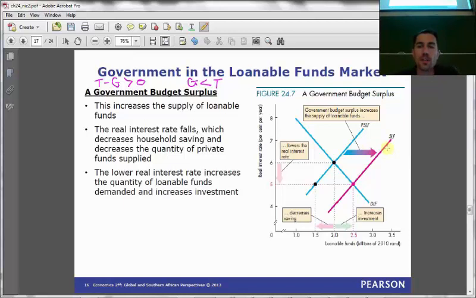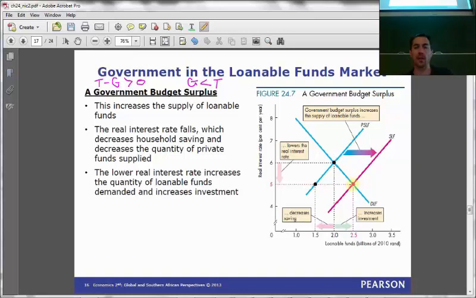The increase in the supply of loanable funds does what? It decreases the interest rate. Okay? Decrease in the interest rate leads to what? A movement down our demand for loanable funds curve and an increase in the quantity of loanable funds borrowed or lent, right?